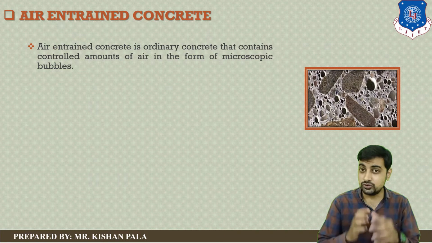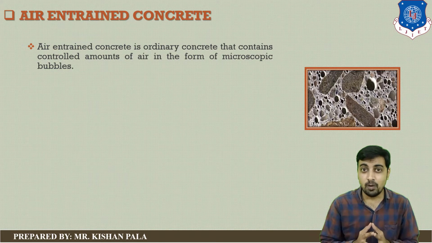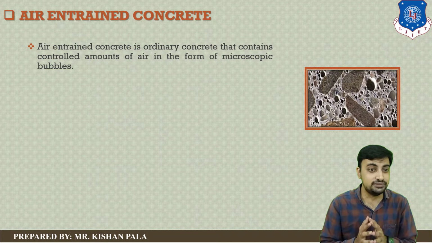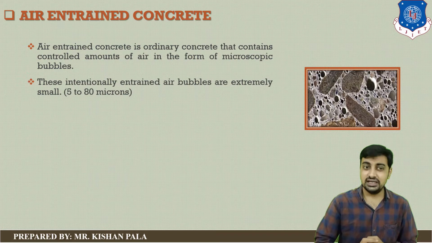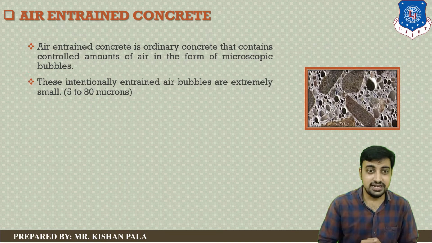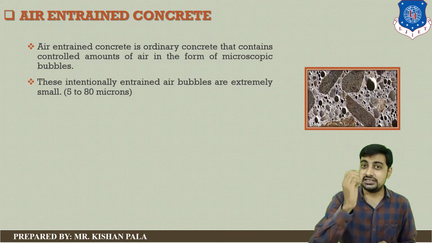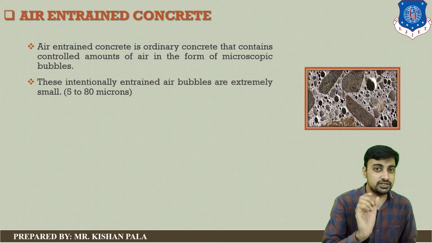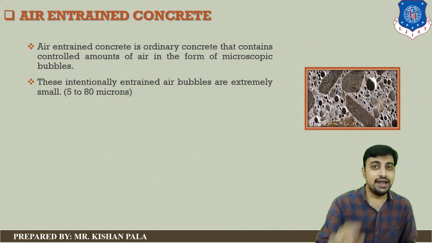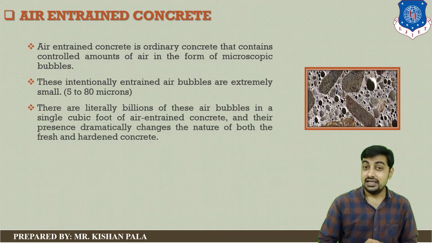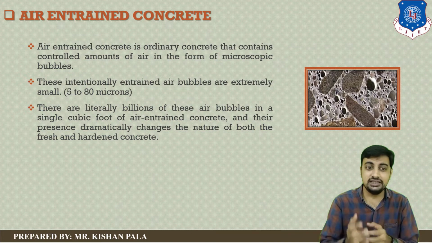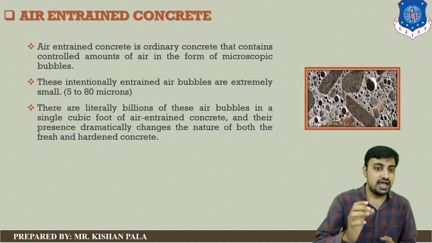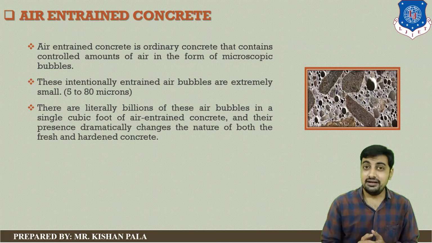So we can also manufacture this type of concrete using entrained air. These air bubbles that we intentionally provide in the concrete mass are extremely small, with a size of 5 to 80 microns, and there are literally billions of these air bubbles in a single cubic foot of air entrained concrete.